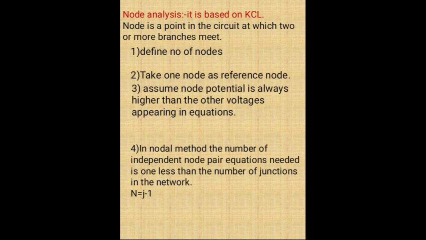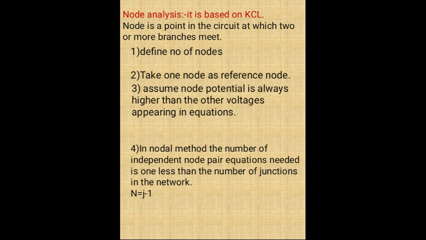Third point is to assume the node potential is always higher than the other voltages appearing in the equation. It means when we write the nodal equation, we have to assume that the node voltage is higher than the other voltages in the circuit.